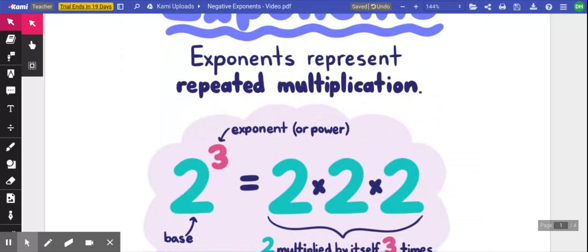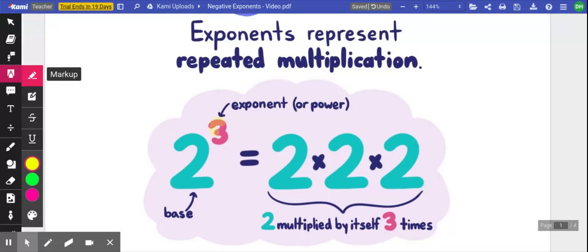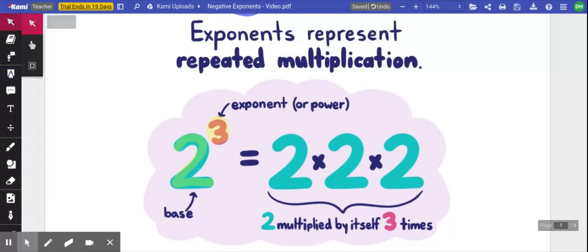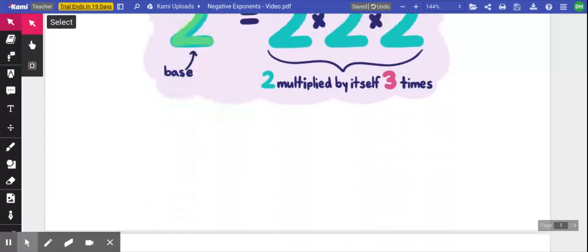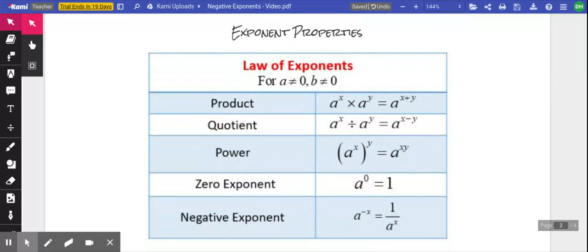And here it is, just a beautiful graphic. We've got our exponent up here. This number here, the 2, is called my base. So we're going to use that terminology and refer to the base quite a bit here today. And again, just some other properties that we've seen leading up to this point.